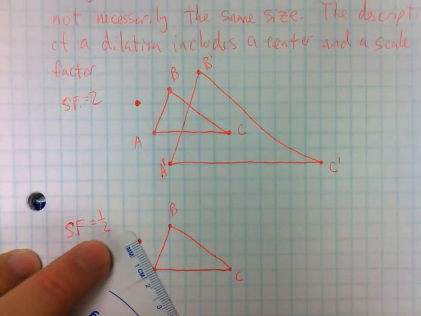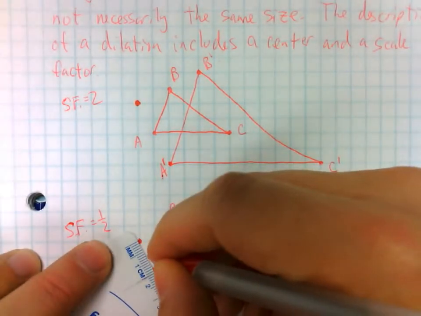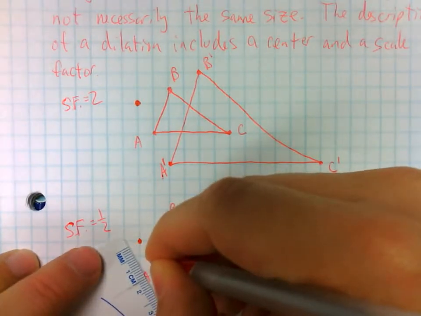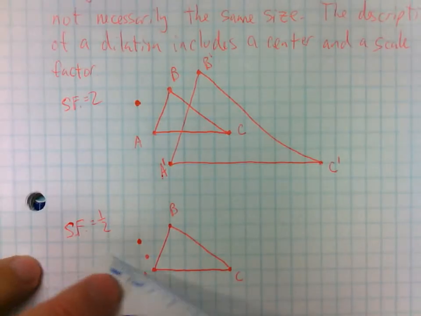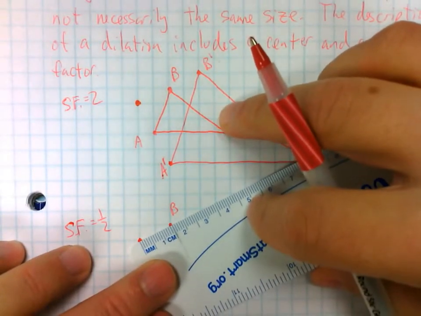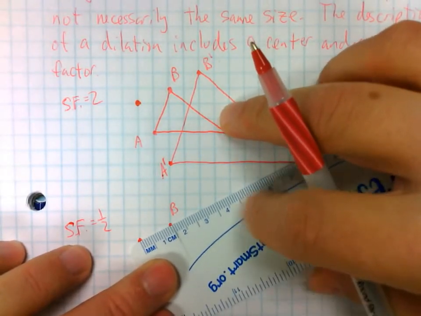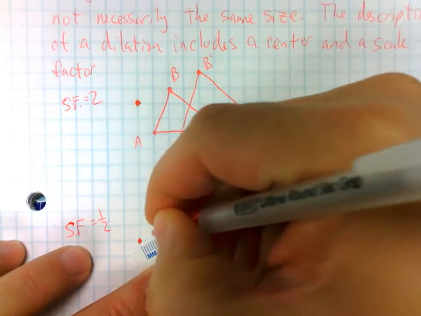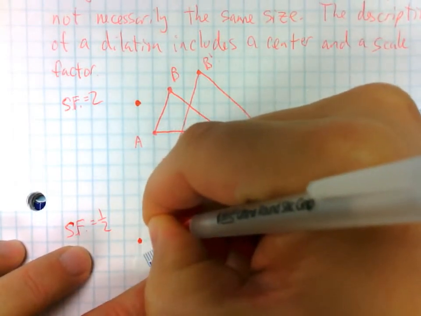Alright, so again that was 1.4, so I need to go to about 0.7. So about right there. B was the same distance away, about dead on 1.4, so it's going to be at about 0.7.